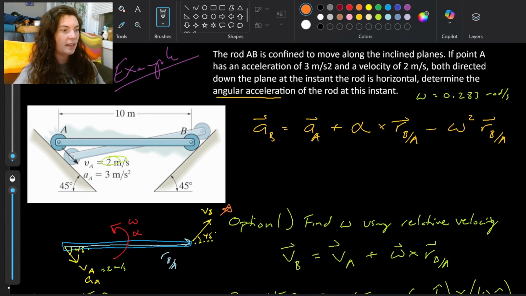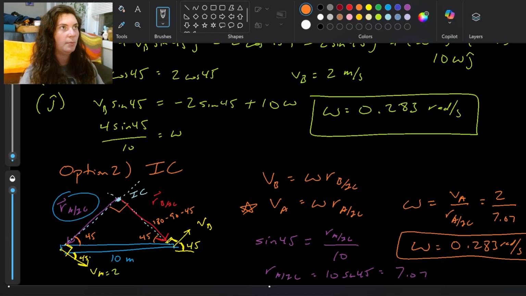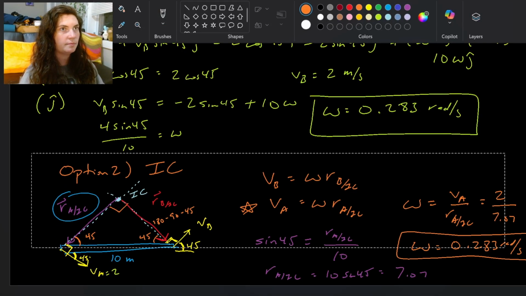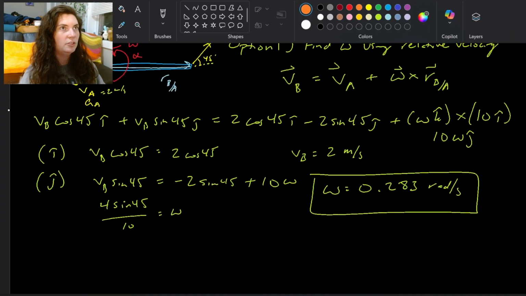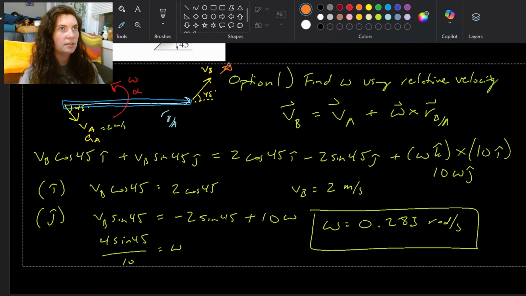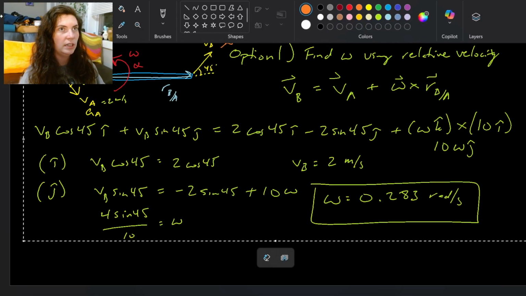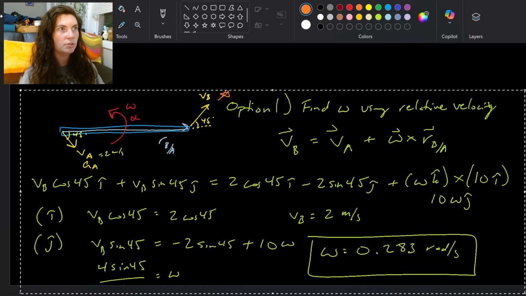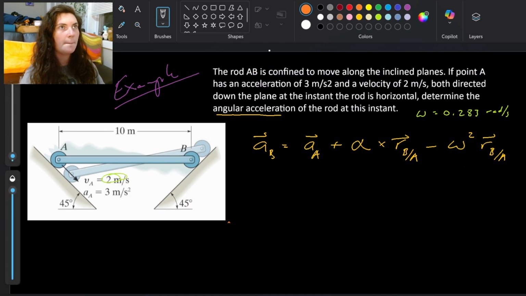So we're going to go ahead and set this up now for our angular acceleration. I'm going to get rid of all of this and just move this relative velocity stuff down for reference. We don't really need it, but we'll keep it down there in case we want it for later.